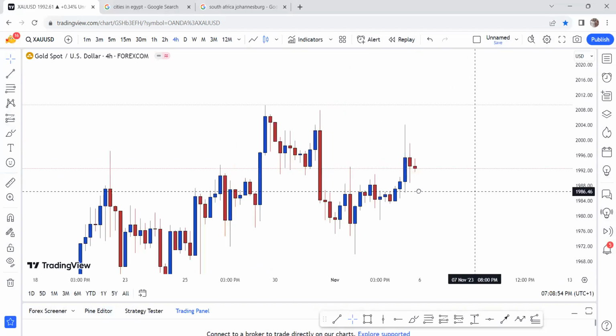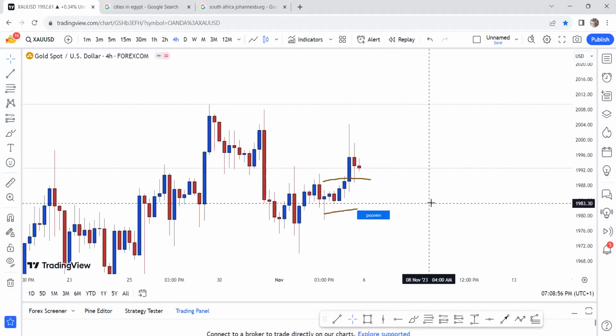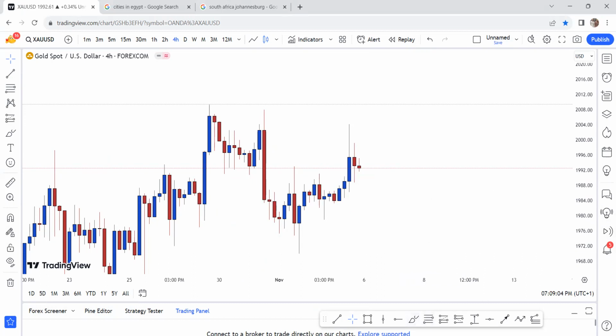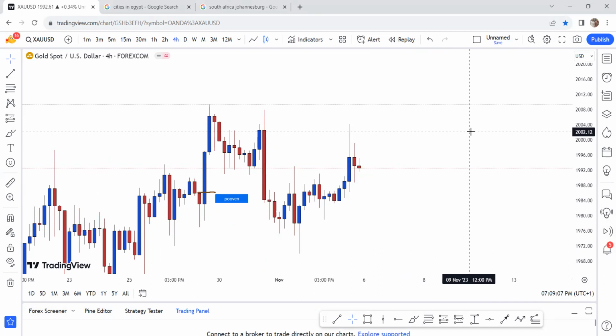Now let's say this engulfing zone, right? This one right here. You see a bearish candle coming down here. Now when the price retests this particular zone, it closed bearish.